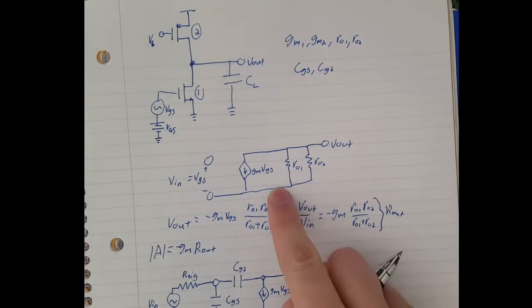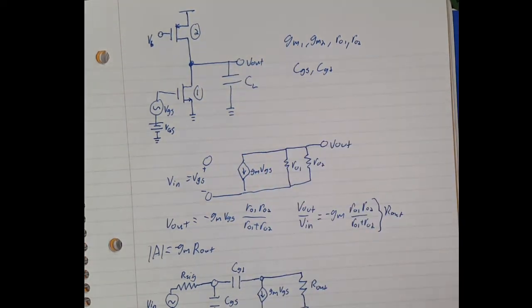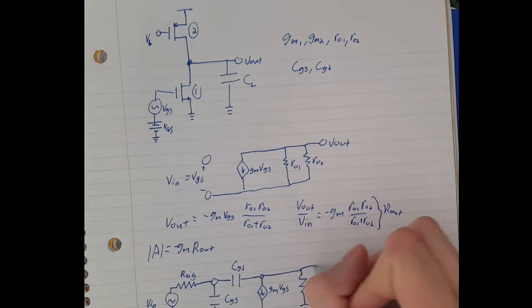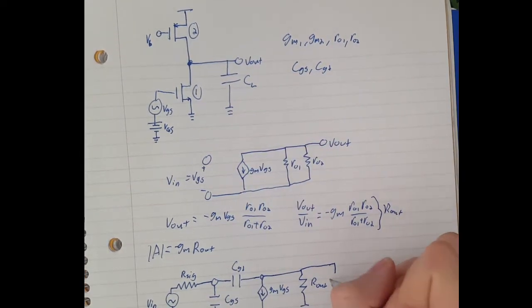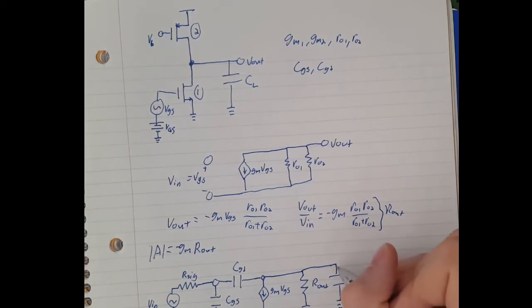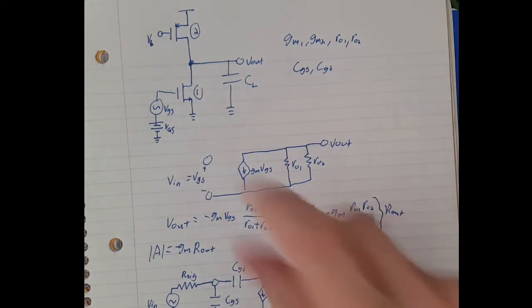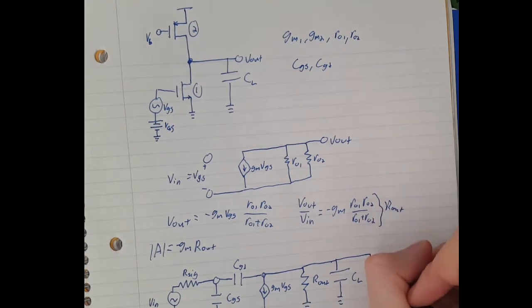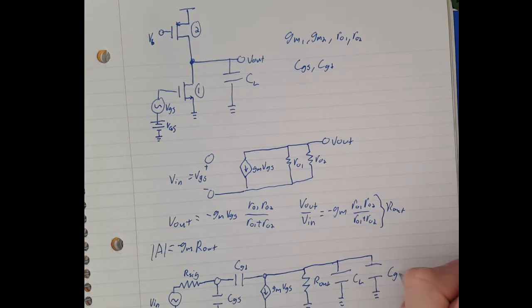R out is R01 and R02 in parallel. It's essentially what the V out sees for resistance. And then we'll have our CL here. And we're also going to have a CGD from 2. So it's just a little extra capacitance down here.